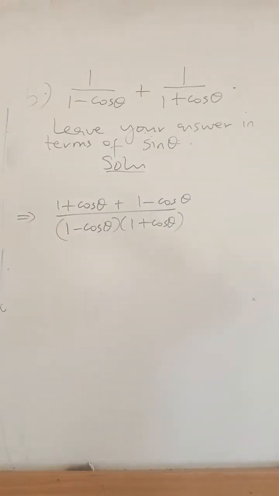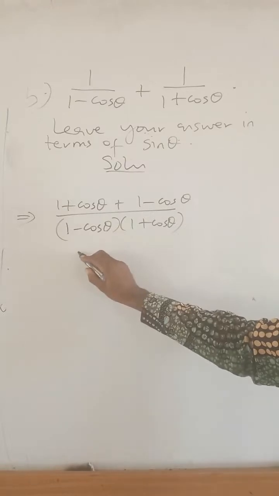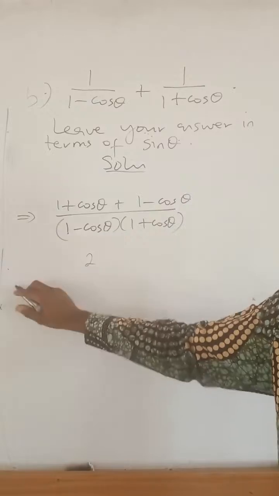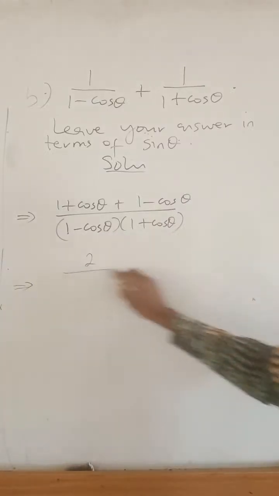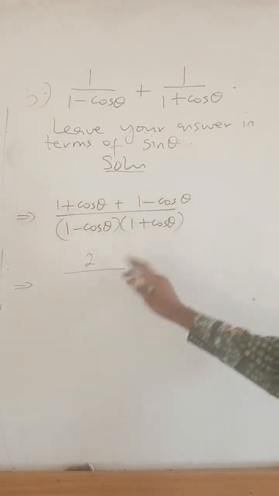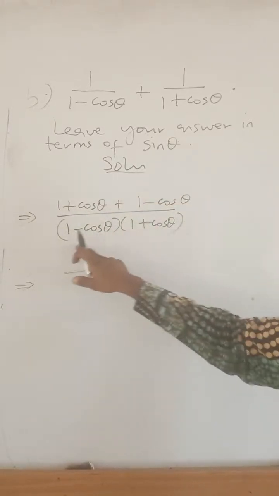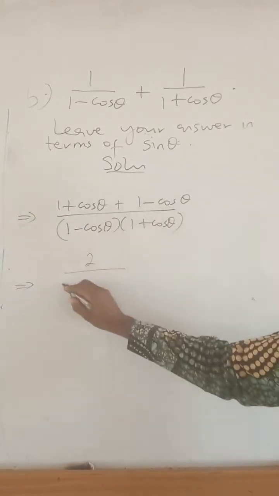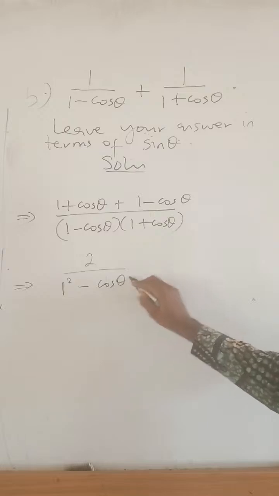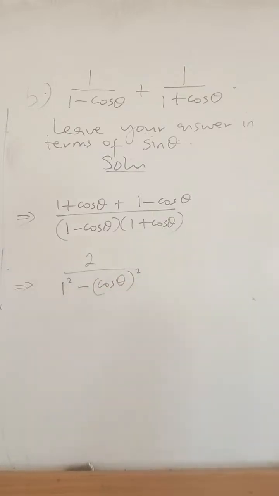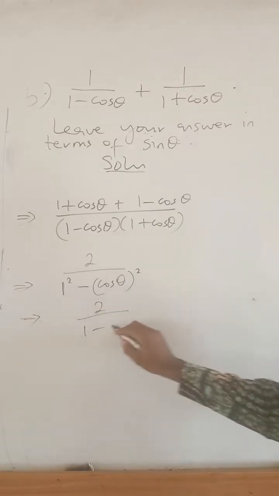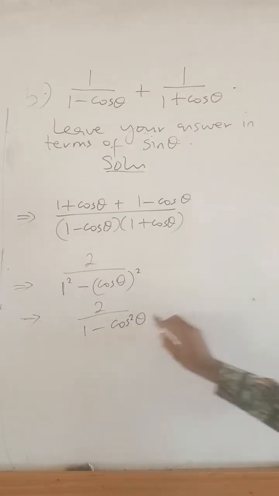Next, you have 1 plus 1, that's 2, plus cos theta minus cos theta gives you 0. Now in this case, you have the difference of two squares, that's 1 squared minus cos theta squared, which is written as 2 over 1 minus cos squared theta.